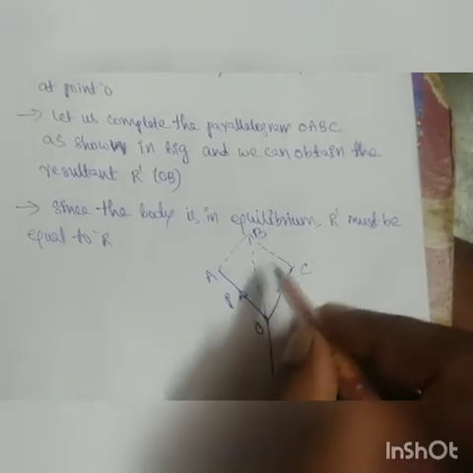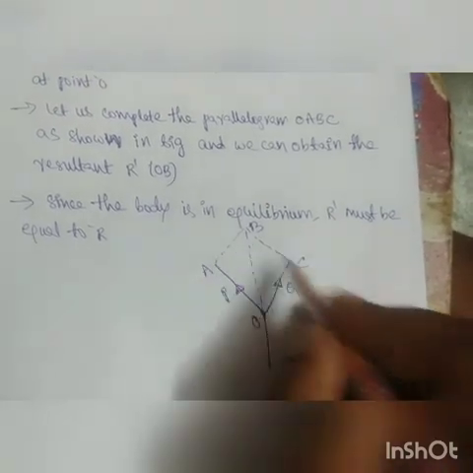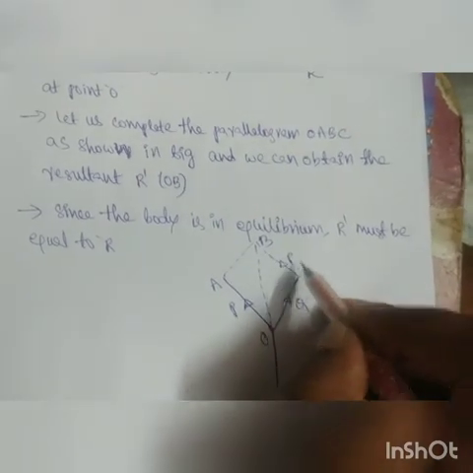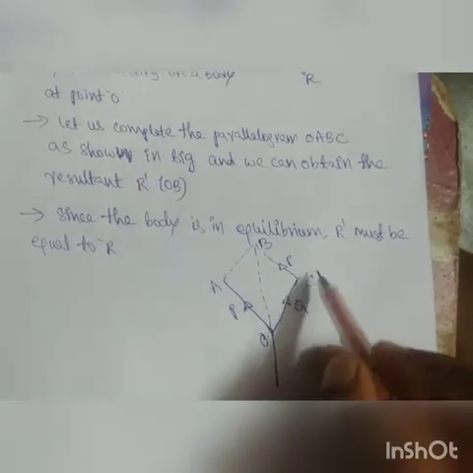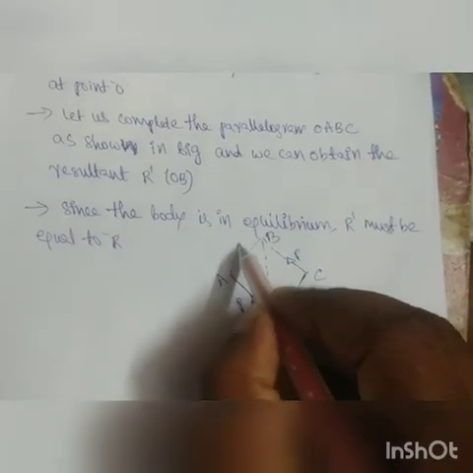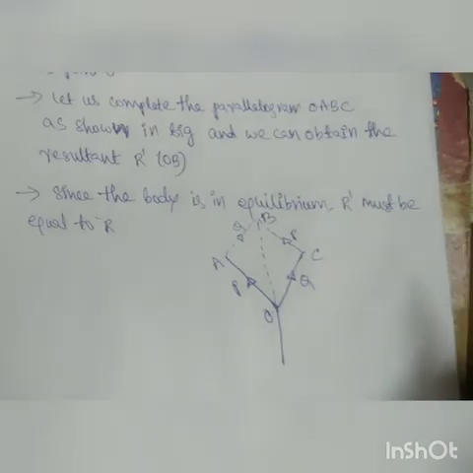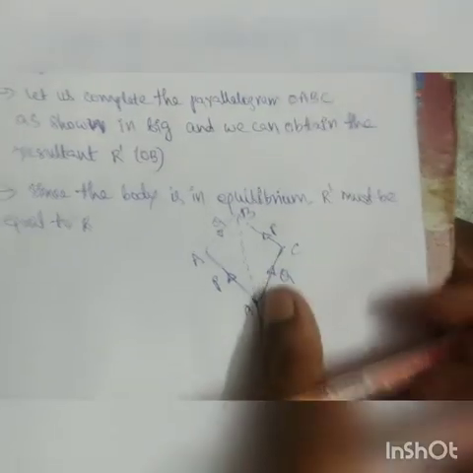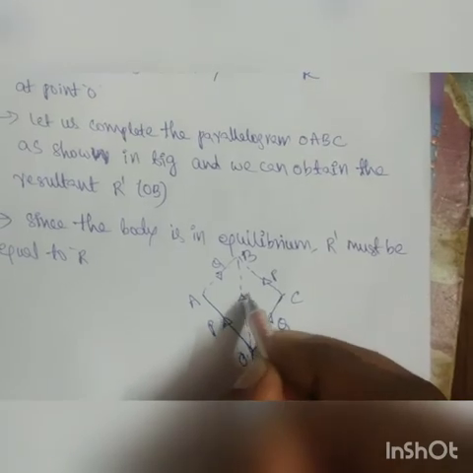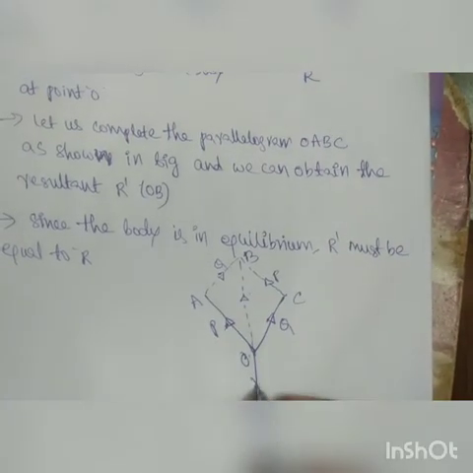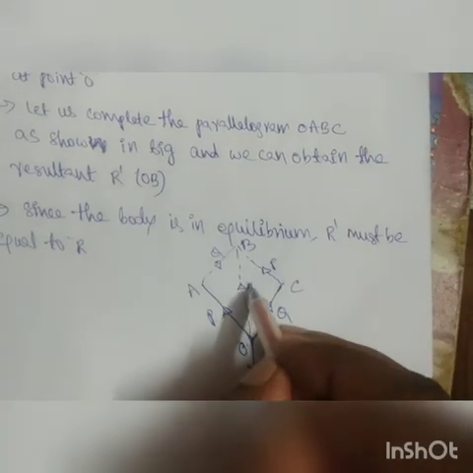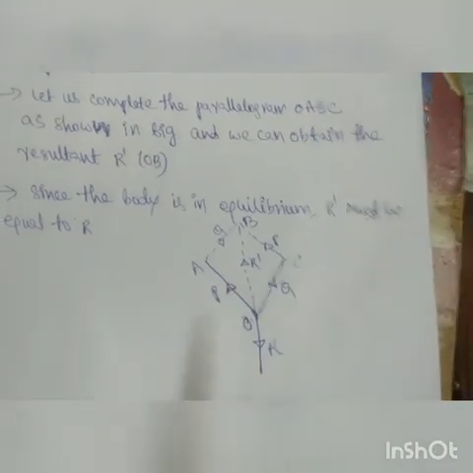As OA is parallel to BC, the force P can be applied on BC. As OC is parallel to AB, Q force is also applied on AB. The resultant force, we are having three forces, Q here, and the opposite force is R dash.